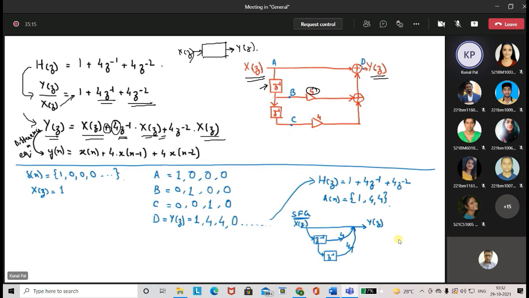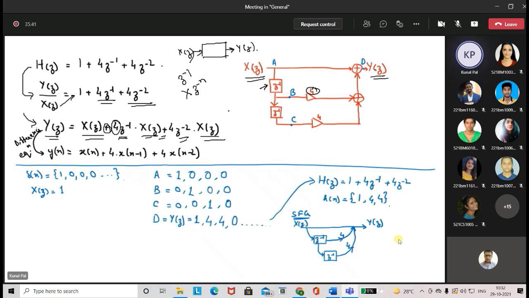Similarly, z to the power minus 2. Previously, I discussed that we cannot have z to the power minus n directly; we only have z to the power minus 1.